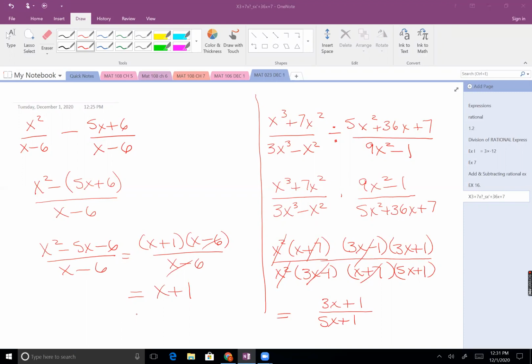And then I'm looking at this denominator and trying to figure out how to factor it. I know that one of the factors has to end with a +7. So I cheated. I looked over here. I thought, well, I bet x + 7 is going to be a factor. And then in order to get the 5x squared, it would be 5x + 1. And it works.